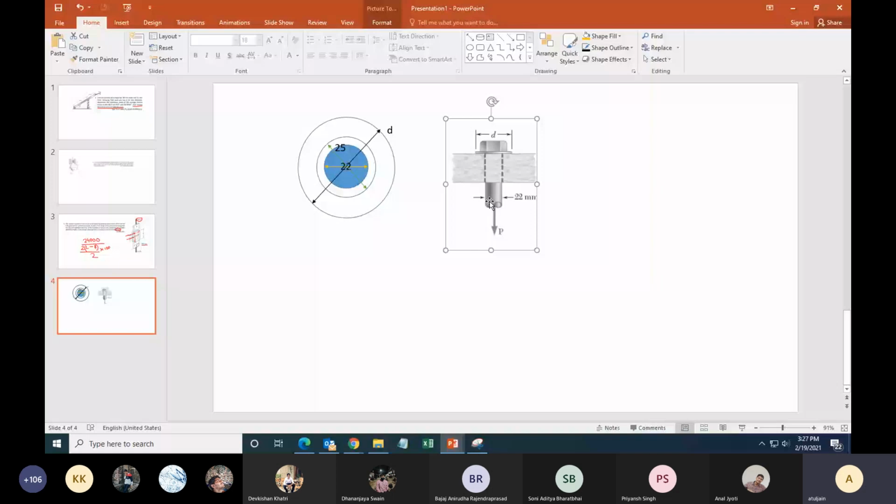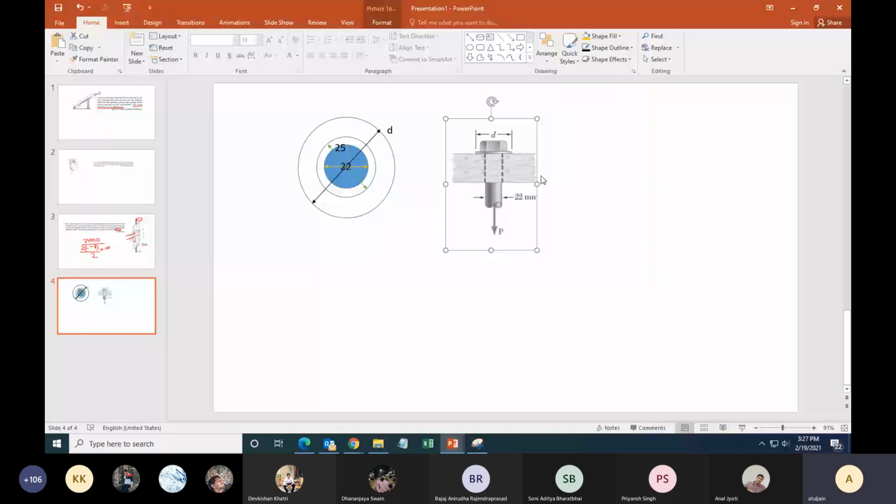And the outermost diameter is D. So the region of contact between the pin and the wooden block is the annular region between diameter D and diameter 25, not 22. It doesn't matter if it was 22, 21 or 24.9.